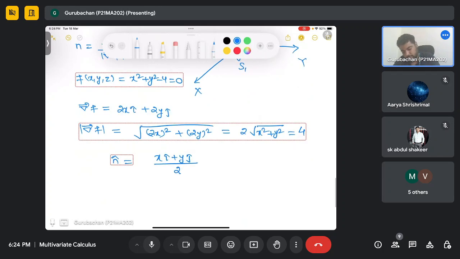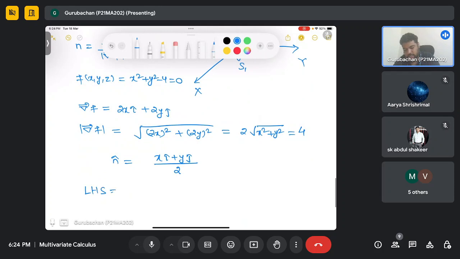And from our LHS, we have to calculate this surface integral over the surface of f dot n cap into ds.